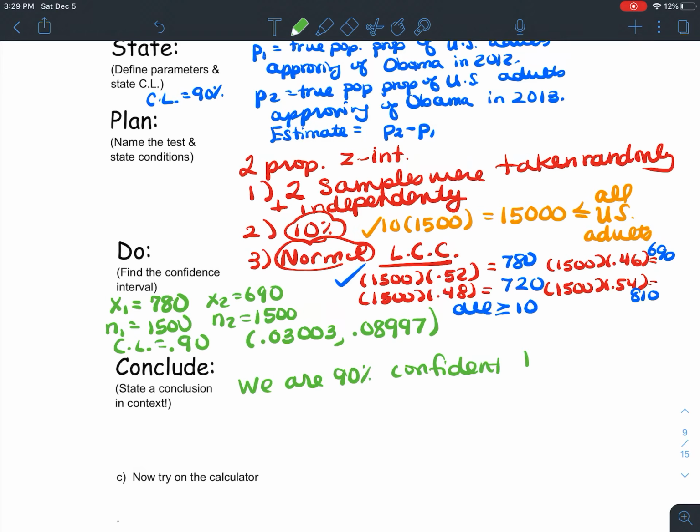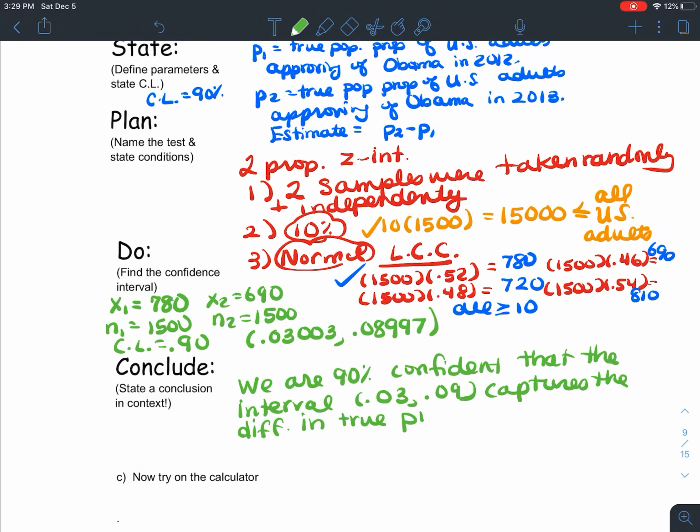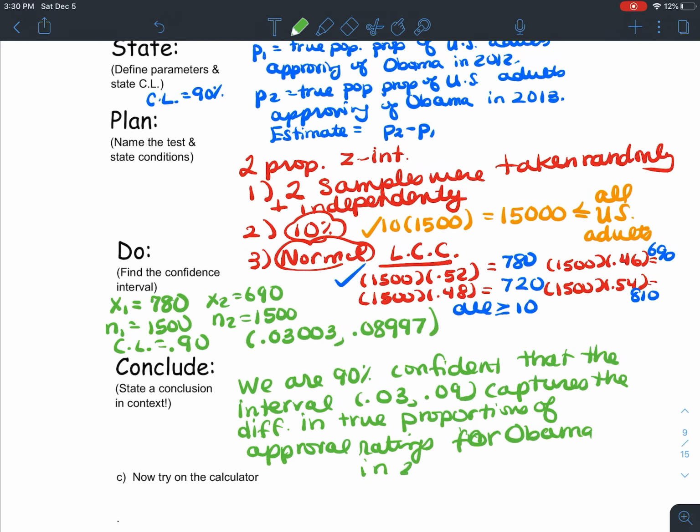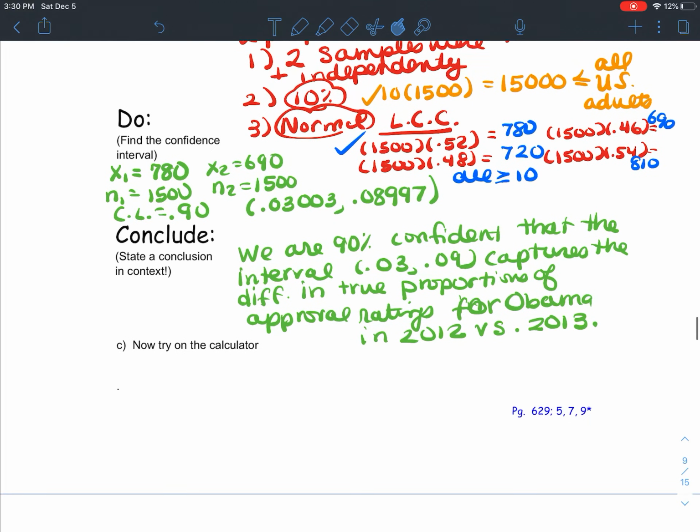We are 90% confident that the interval 0.03 to 0.09 captures the difference in true proportions of approval ratings, I should say, for Obama in 2012 versus 2013.